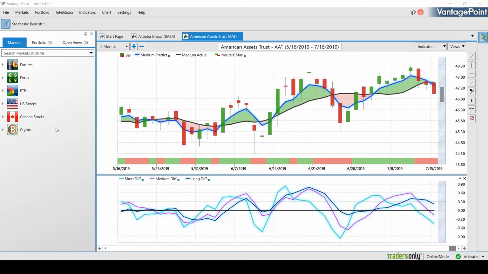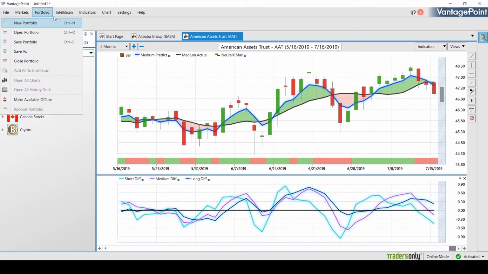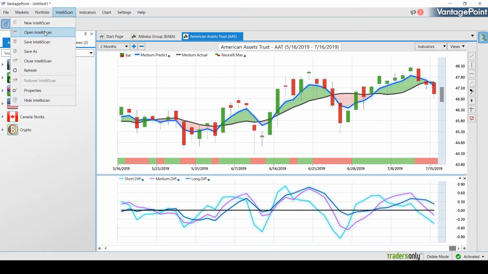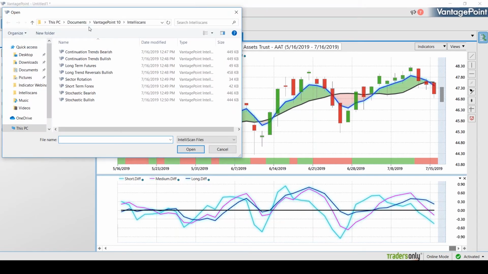Now, the next one that we're going to go through together is the continuation trends bullish scan. We're going to pull this one up now.